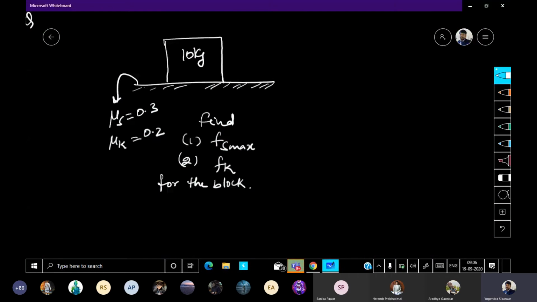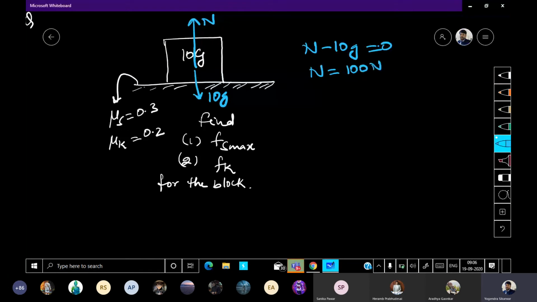Okay, everyone, please pay attention. So what you can observe is tangent will be acting downward, N will be acting upward, and you can write N minus tangent is equal to 0, and that gives us N is equal to 100 Newton.